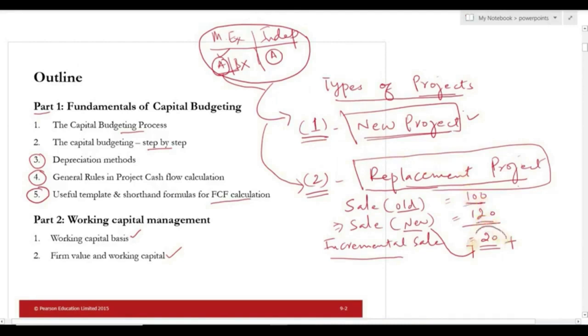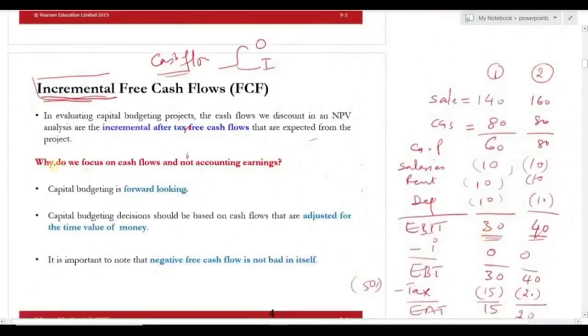So what is the increment? The increment is 20. That is why we need to find extra cash flows that would be adding value to the worth of the company. Cash flow could be either an inflow or an outflow.